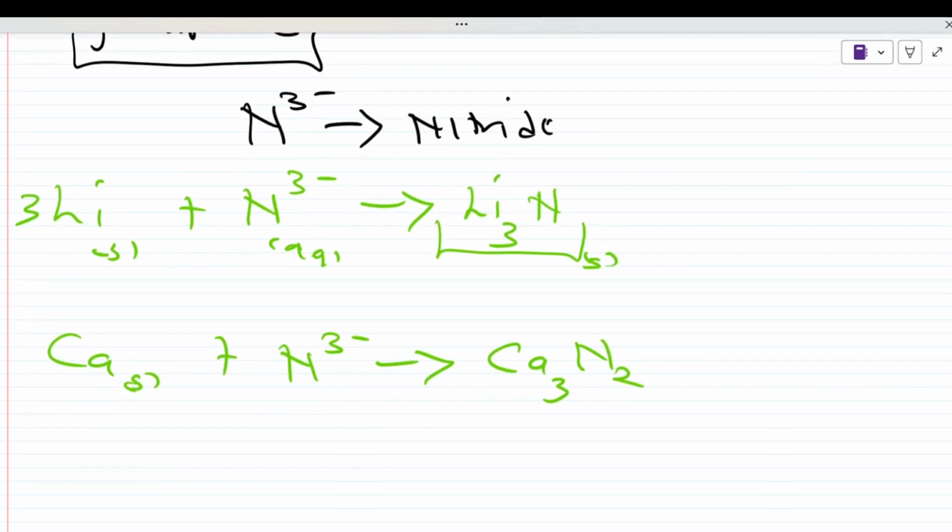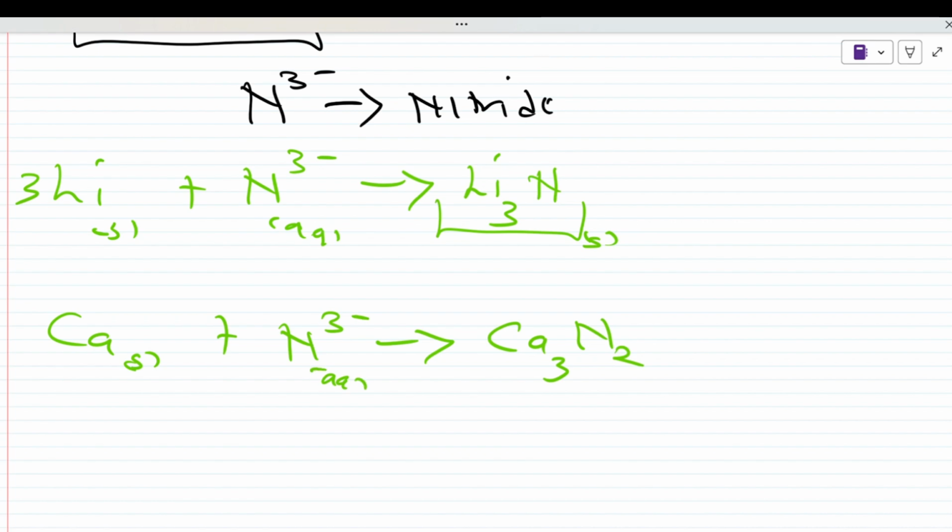So I'm going to have this, because it is an ion, this is a solid. I simply put a 3 here to ensure the equation is balanced. Sorry, these ones are 2, so I put a 3 and here I put a 2.